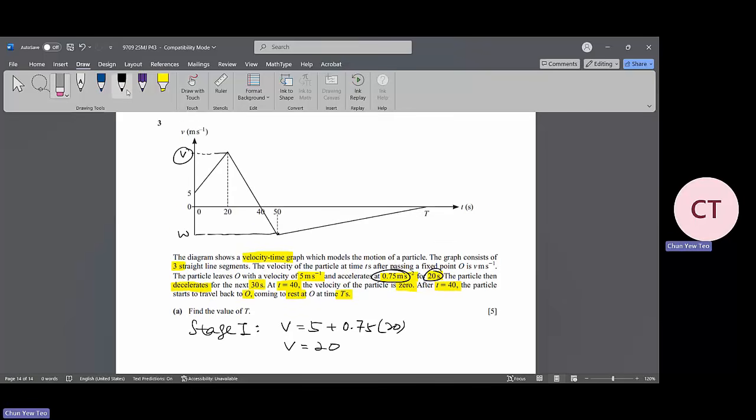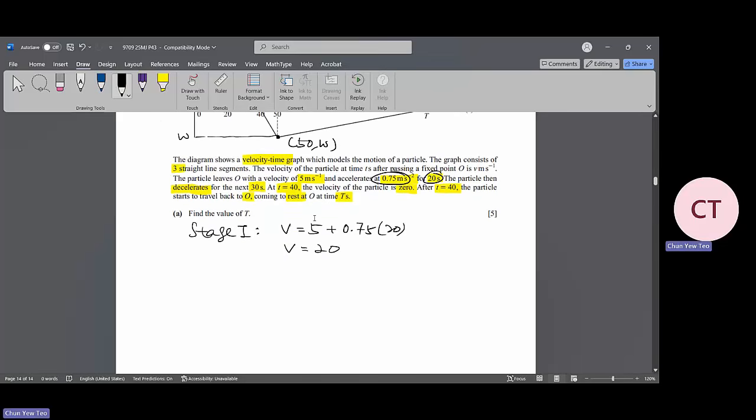I want to calculate the deceleration. This point is already known as 20 and 20. This point is known as 40 and 0. This point is known as 50 and W.